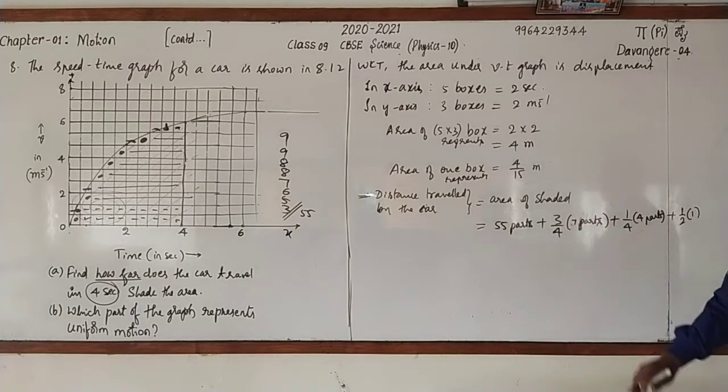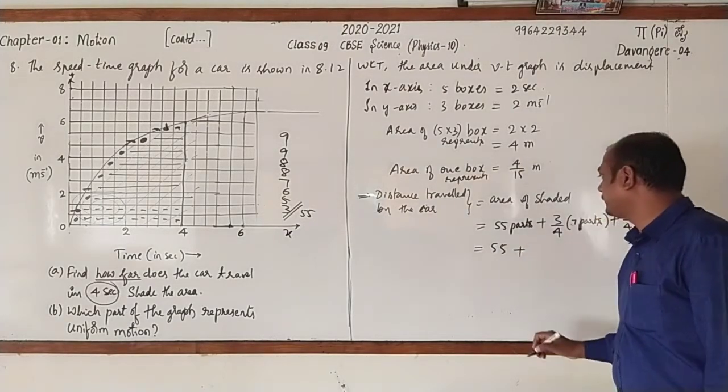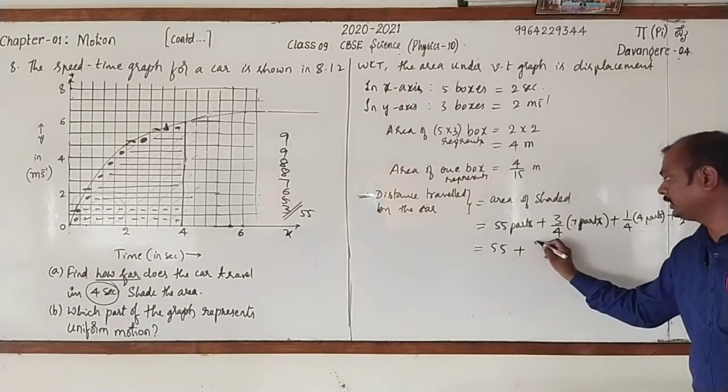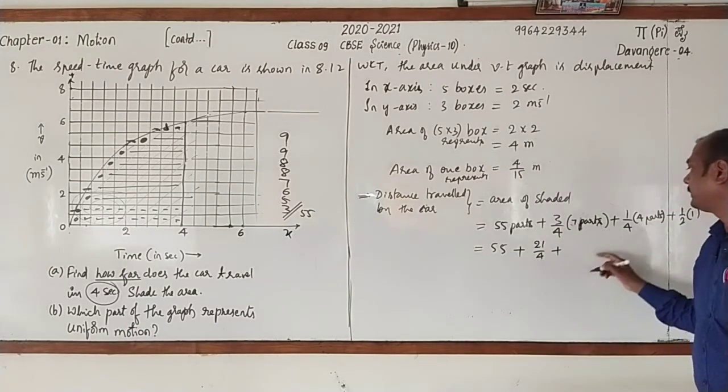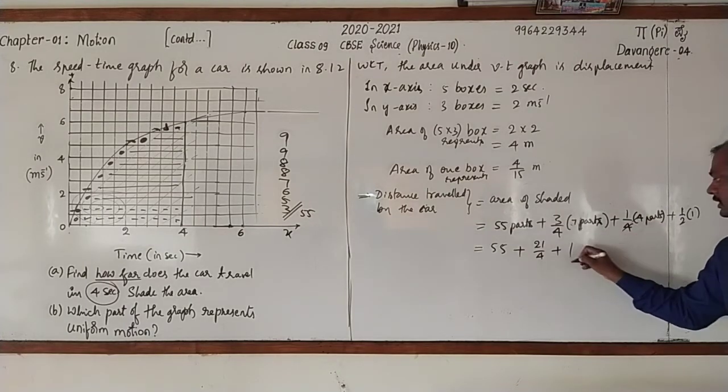Now we have to find this out. It's equal to total 55 plus 3 by 4 into 7. 7 3s are 21. 21 by 4 plus, 4 1s are 4, 4 by 4 gets cancelled, 1. It is half.